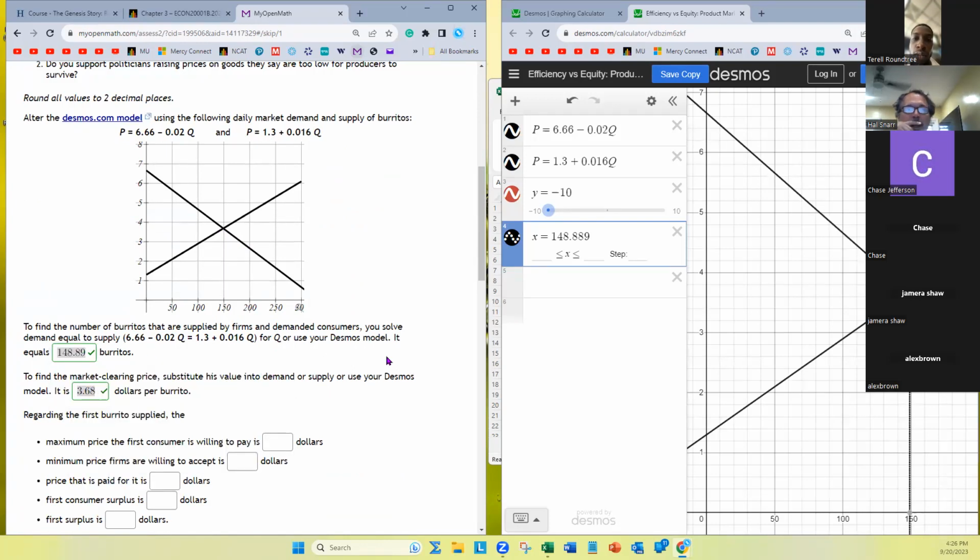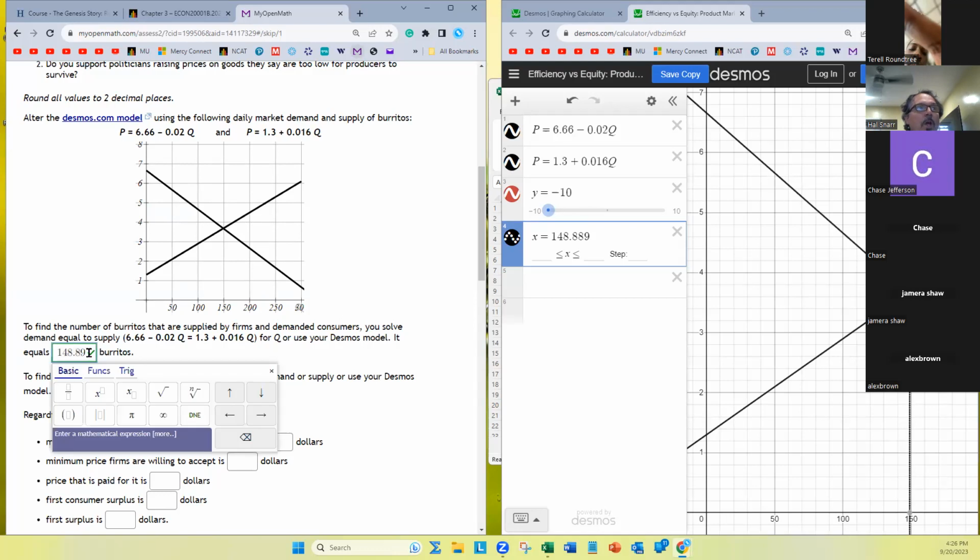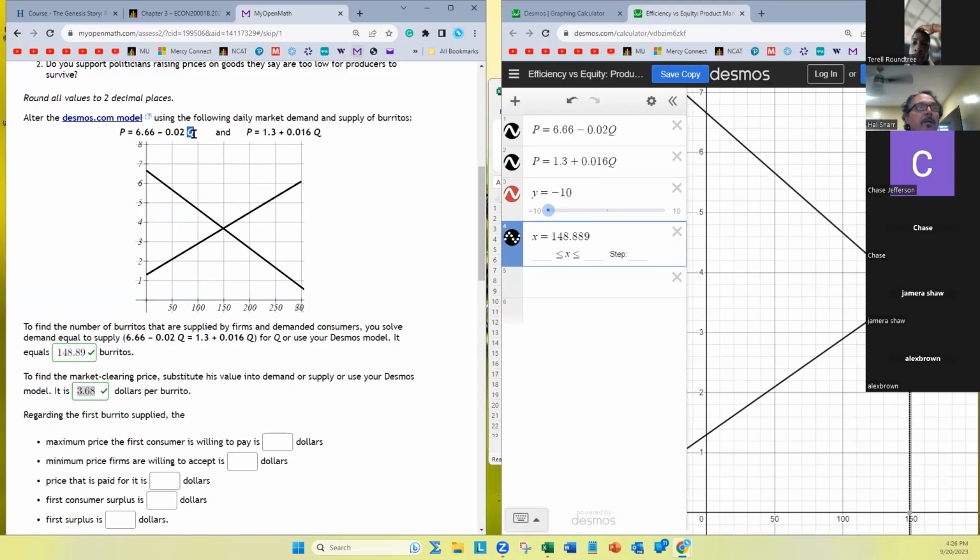Any questions on that? We're all good? Wait, how did you get this number again? The $3.68? Well, I can take this. Did you get the quantity? Yes. You could take the quantity and plug it into here, right? So you could take this 148.89 in my case, multiply by 0.02, and then subtract that from 6.66, and you get 368.